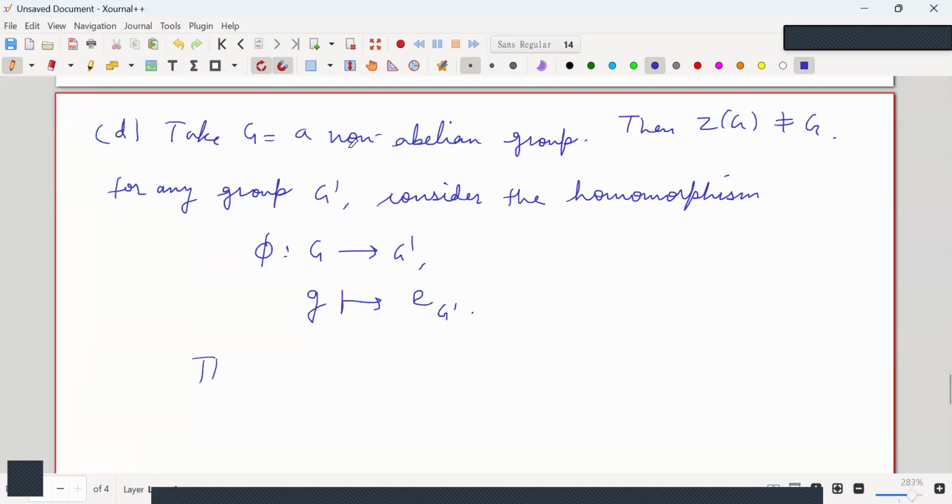Then the kernel of phi would be the entire group G, which is not equal to the center.